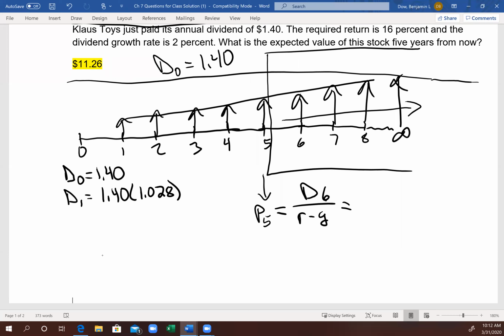And if you wanted to find out what it was, it'd be $1.4392. And if you wanted to find D2, it's $1.4392, growing at 2.8%.